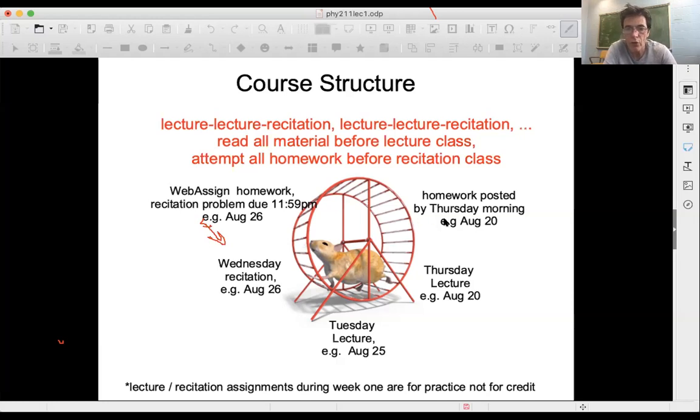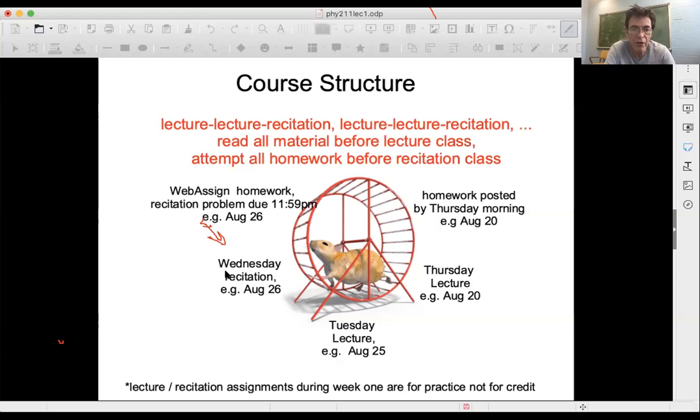The homework will always be available on the Thursday morning of the preceding week. Then you'll have your Thursday morning lecture class where we introduce the material on the homework. You'll then have the following week's Tuesday lecture class where we'll further discuss the material that's covered on the homework.